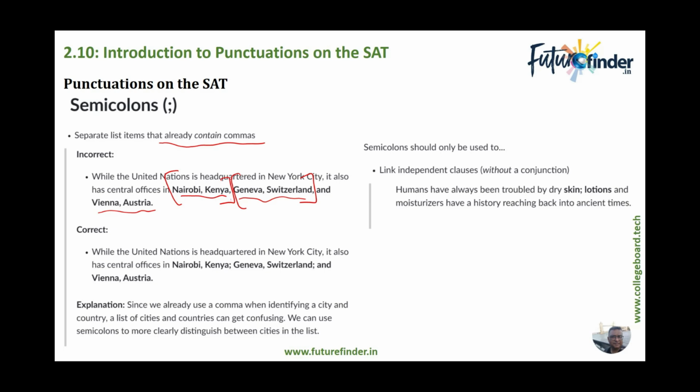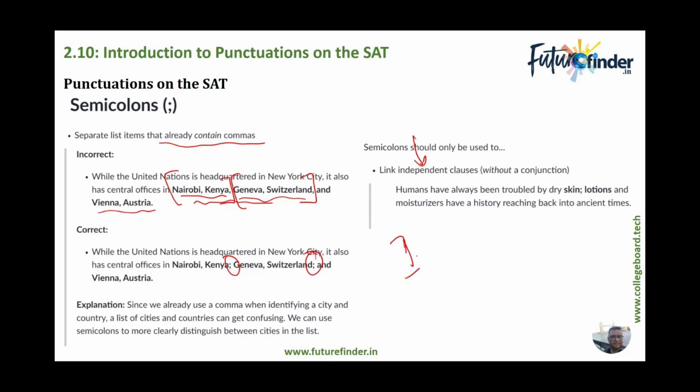So, this is incorrect because you just cannot put commas in the middle, as this becomes very confusing. So, you have to use semicolons between the major groups. We are going to do this also when we do the semicolon rules.